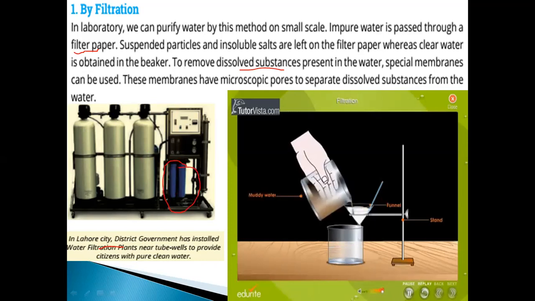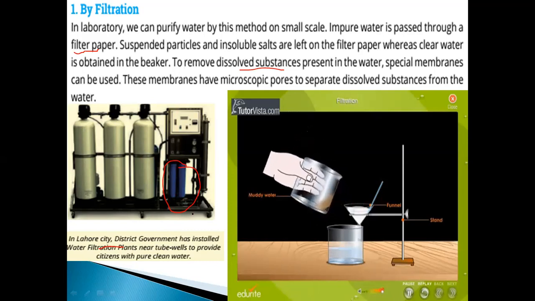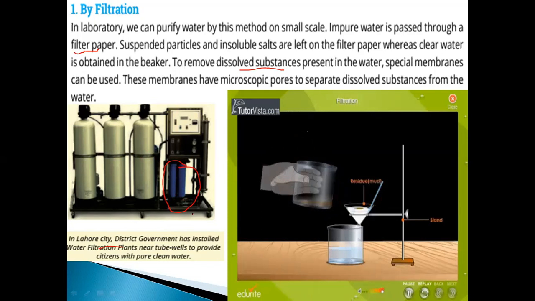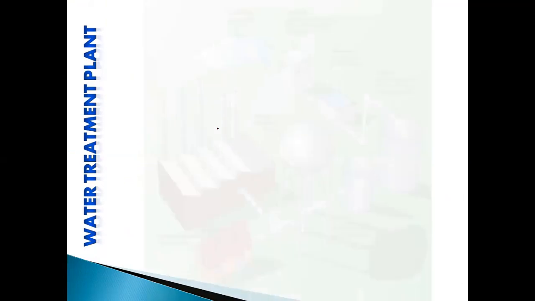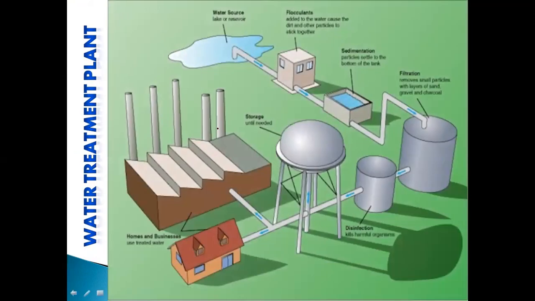These filters we also use at home with our taps in the kitchens, and we can get clean water from that. That is also the example of a filtration. So if you see filtration on the large scale, it is done by water treatment plants that are installed in the city, which give the pure and clean water to the people, to the residents of that area.